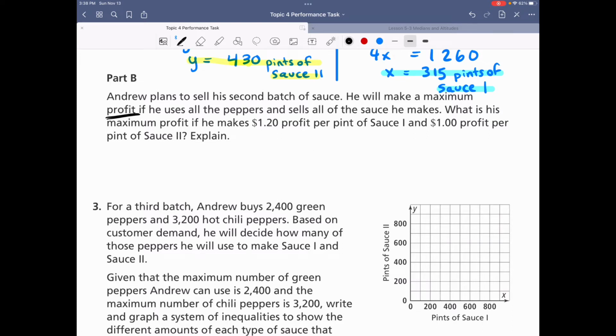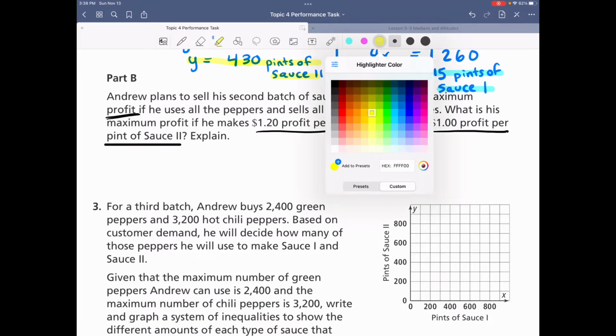So what is his maximum profit if he makes $1.20 per pint of sauce 1 and $1 profit per pint of sauce 2? Explain. So I'm just going to color code it how I did before.